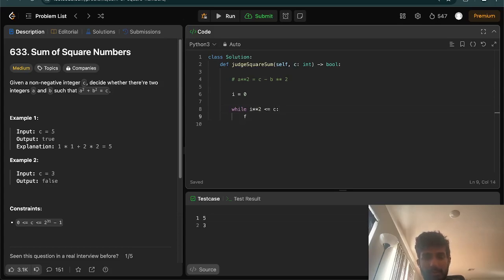We say a is equal to i squared, and b squared is c minus a.